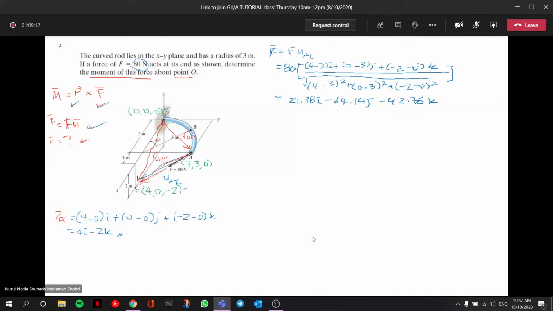Yes, Miss. Okay. Since we already have the value of the r vector and the f vector, we can just find the value of the m vector.